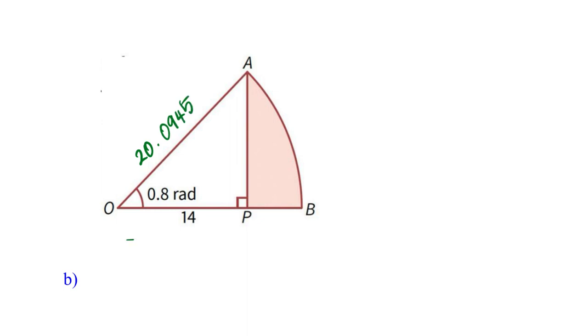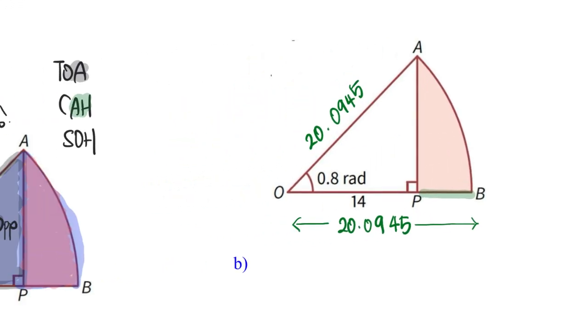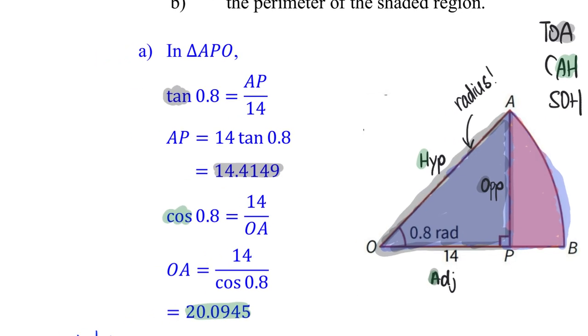This means that OB, which is also the radius, is also 20.0945. So I can easily find my PB. From part A also, I already got my AP. AP is 14.4149.